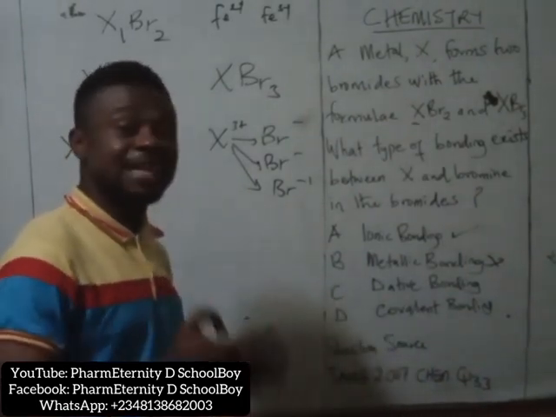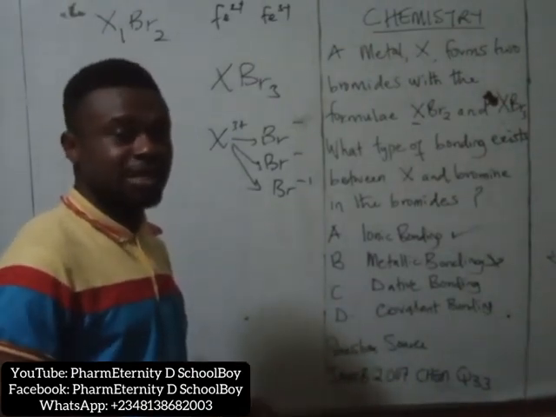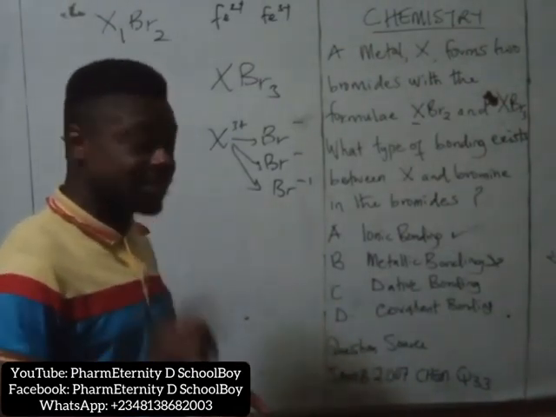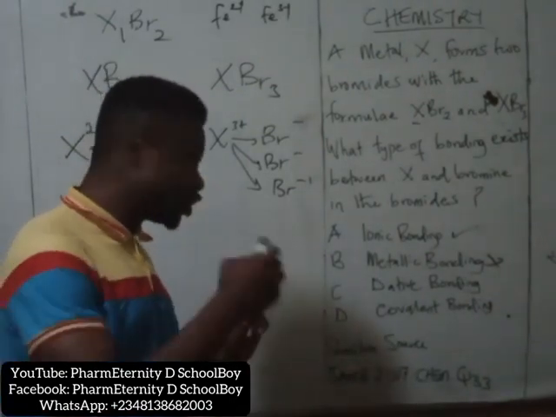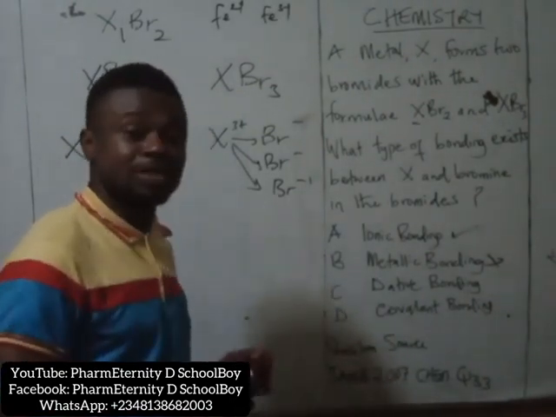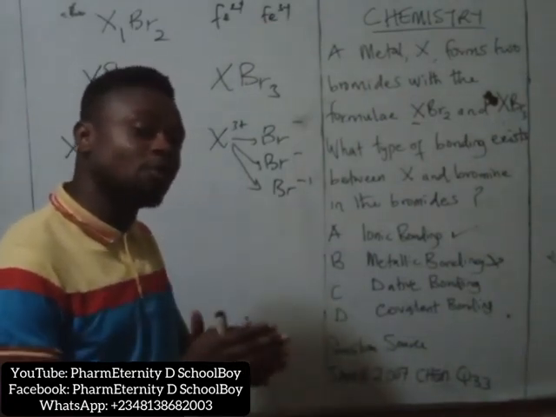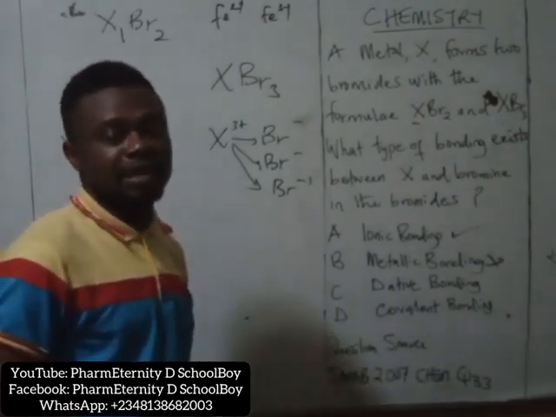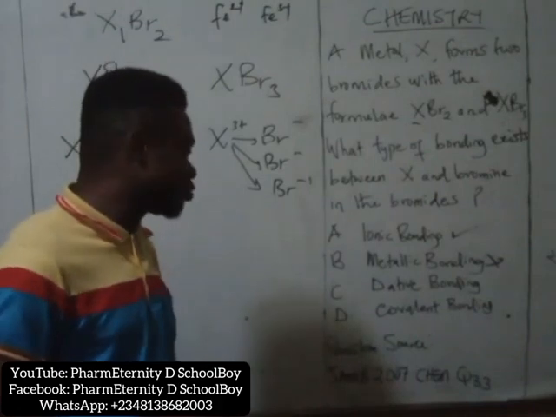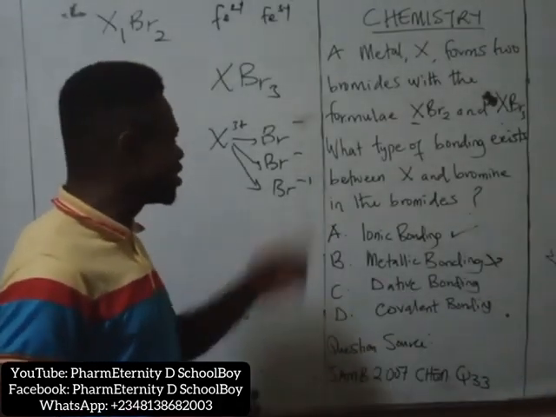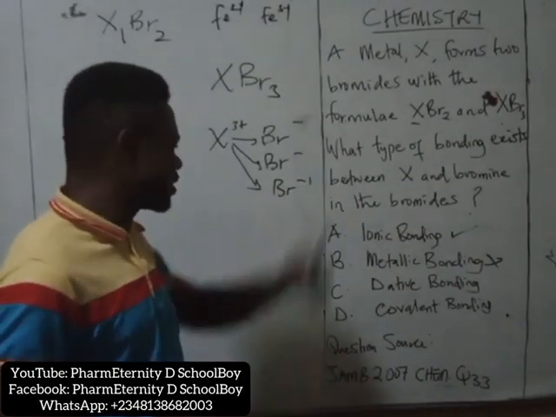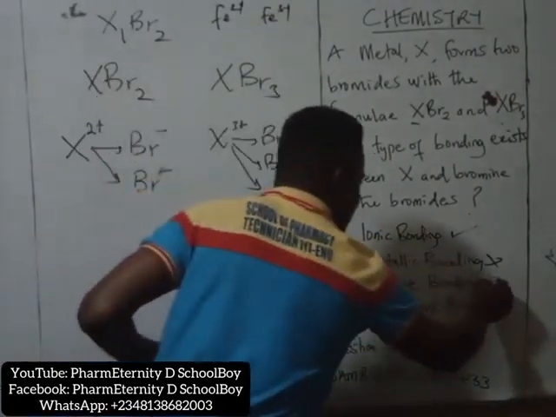Basically hydrogen and nitrogen, because the nitrogen atom in ammonia has a lone pair, so it will bring it for hydrogen, so that hydrogen can reach the duplet electronic configuration. So dative bonding is not what exists here. So I will not pick this.